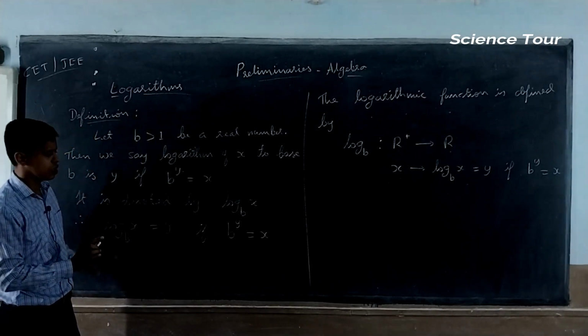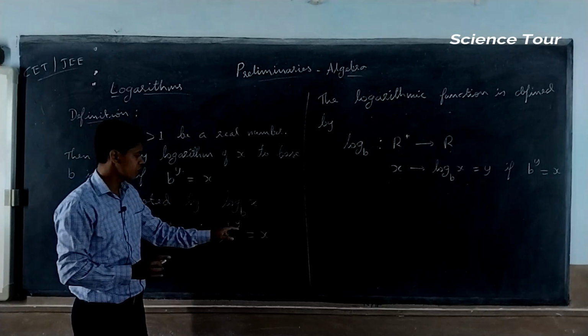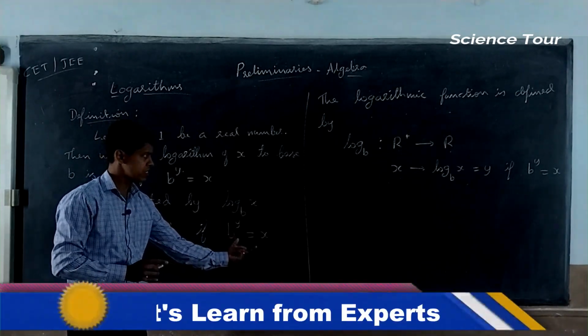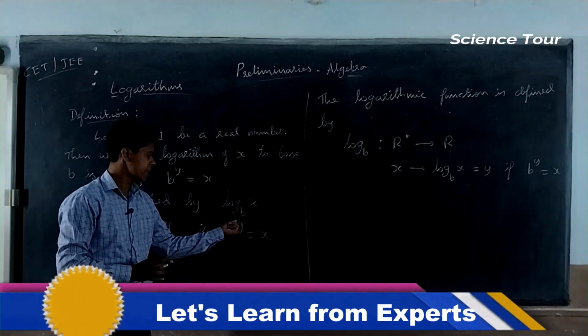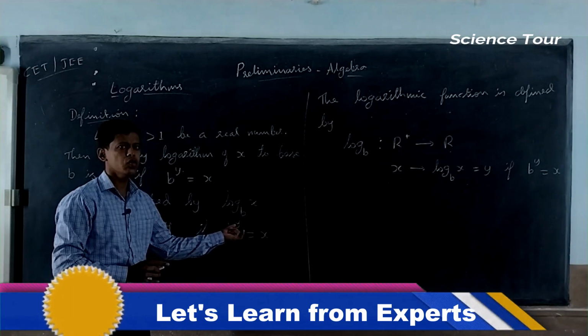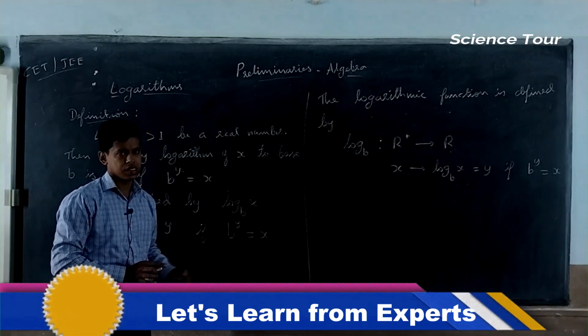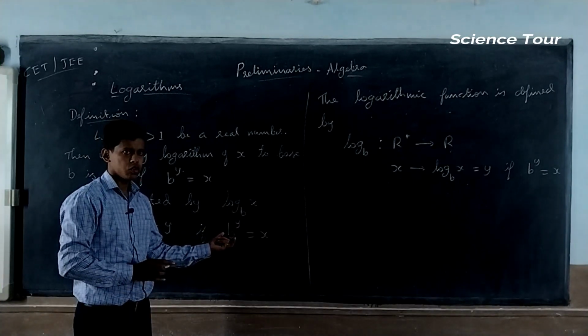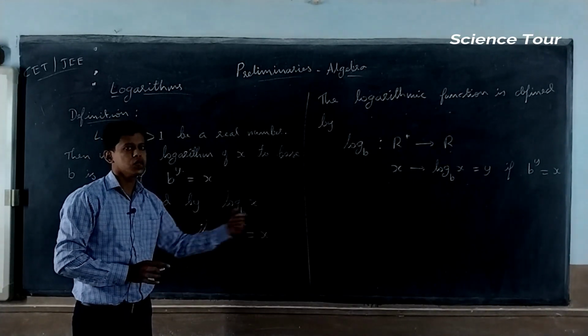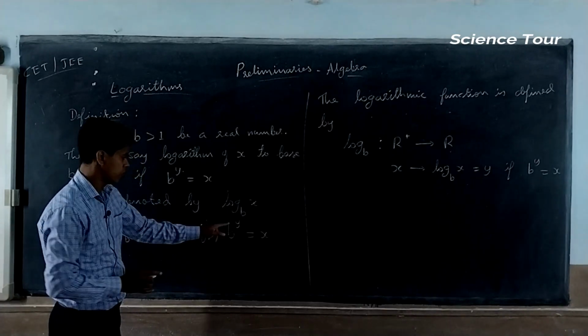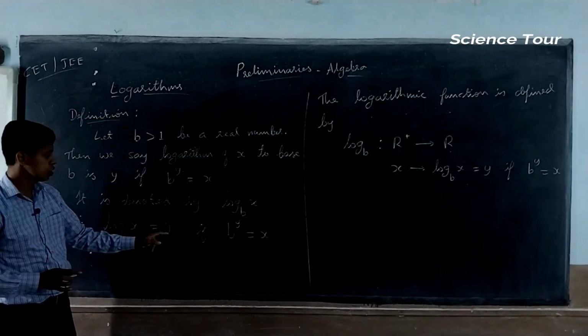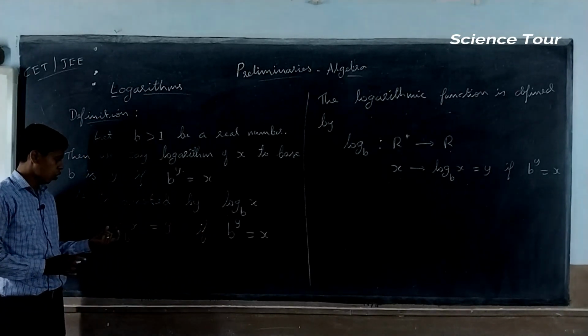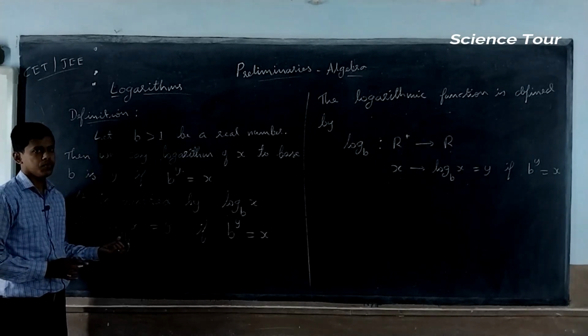So basically what you understand here is, I want to find this power. I have this expression, I want to find the value of y so that I get x, so that b to the power y is equal to x. If you want to find this y, you have to find the log of x to the base b.